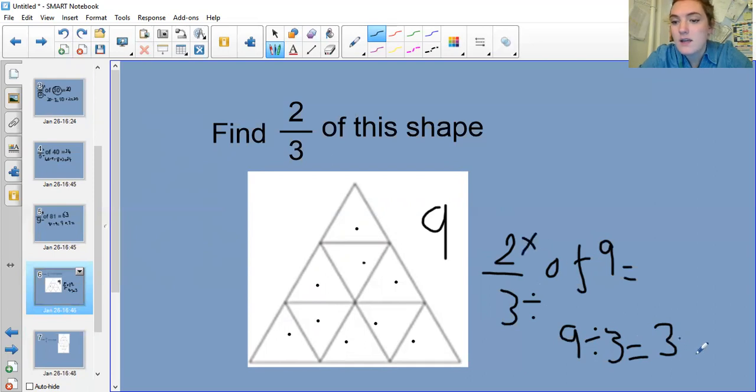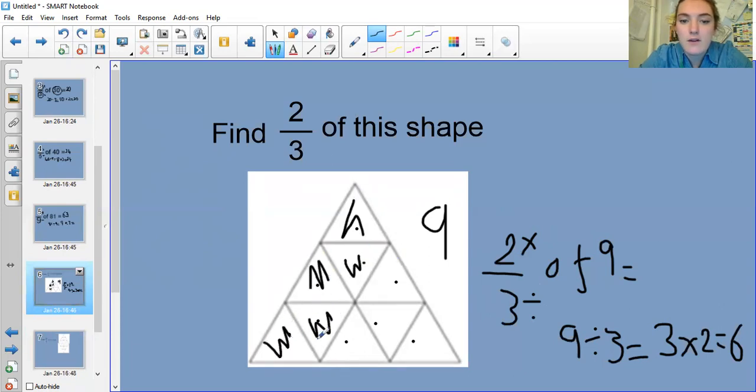What is 3 times 2? Well, the answer would be 6, and you can use your 2 times table or your 3 times table to help you. So I know that 2/3 of 9 is 6, so I need to shade in 1, 2, 3, 4, 5, 6. And that's how I know 2/3 of 9 is 6.